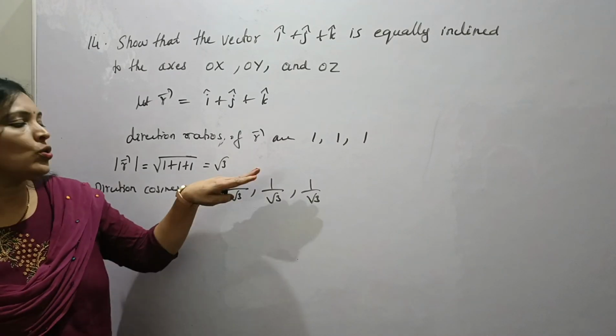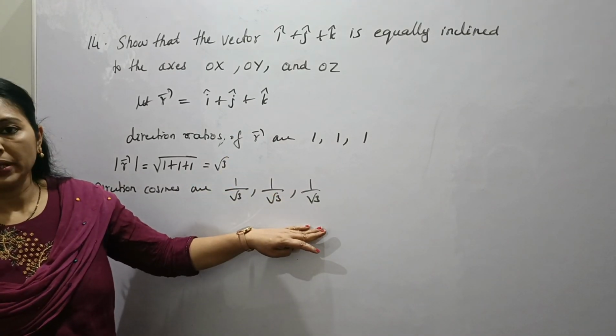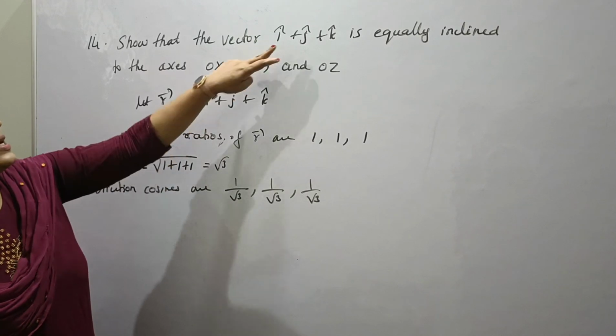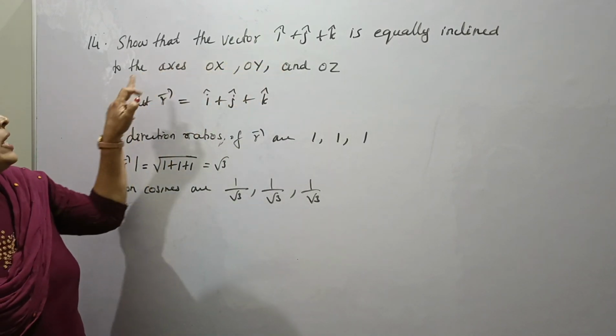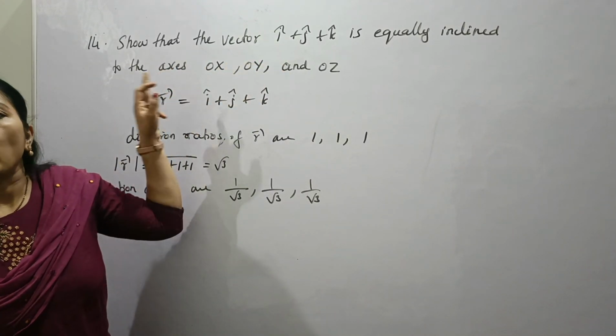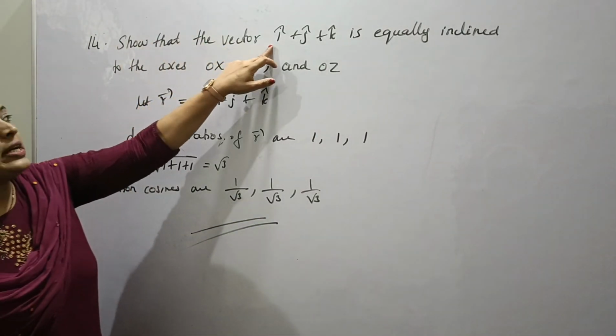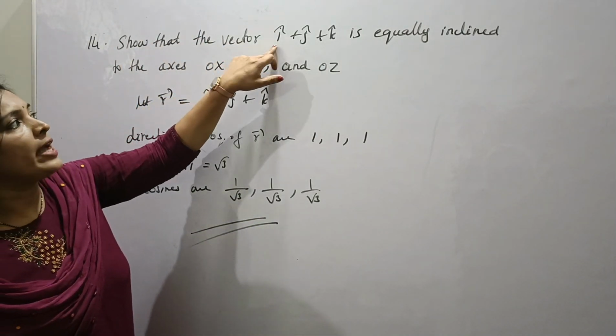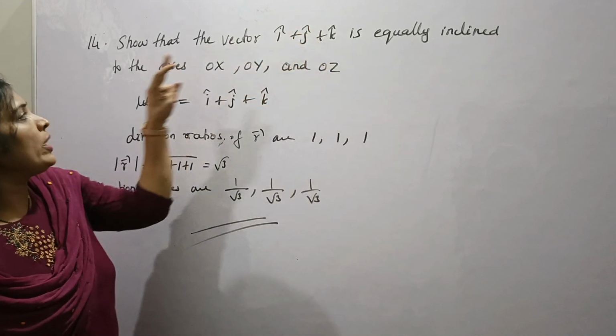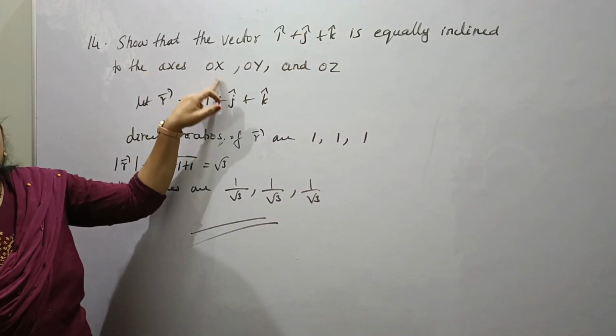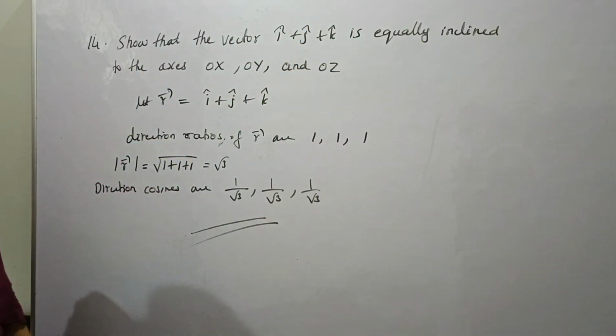Okay, cos alpha is equal to cos beta is equal to cos gamma. Therefore, we can say the given vector is equally inclined to the axis OX, OY, OZ. Okay, therefore, vector i plus j plus k is equally inclined to the axis OX, OY and OZ.